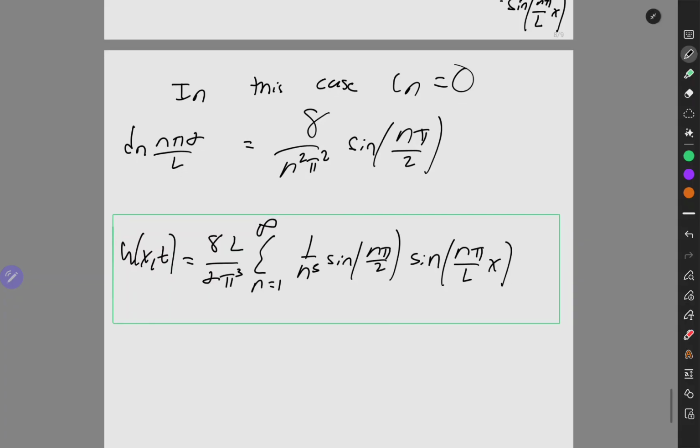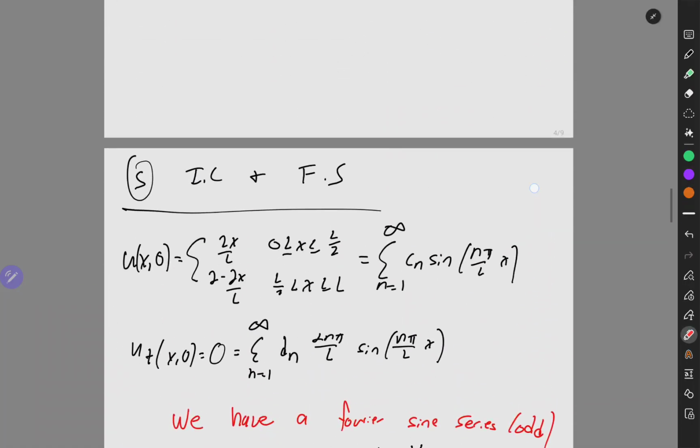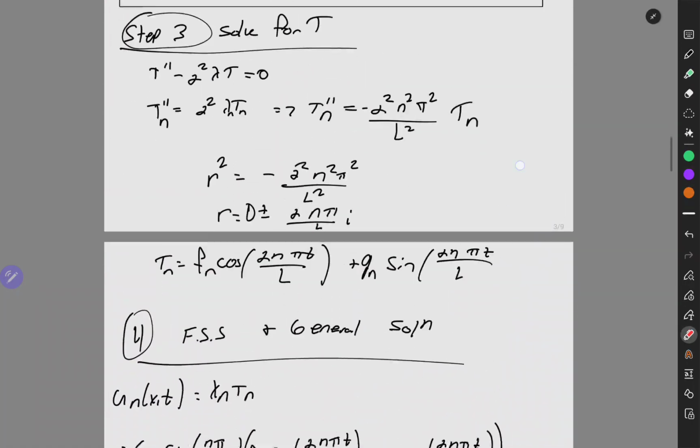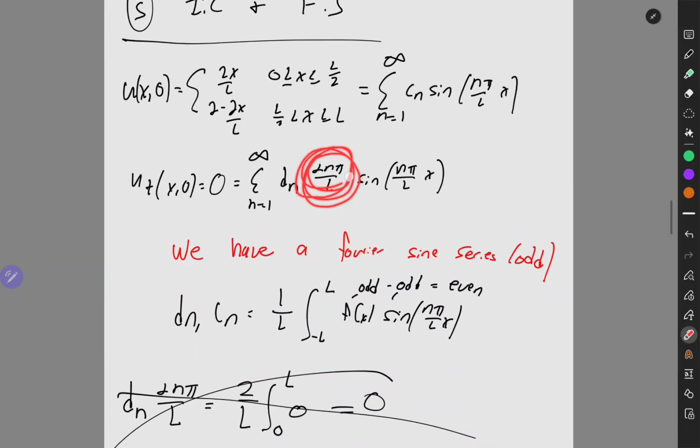So you see, you have to keep in mind this little bit right here next to the d sub n, because going back up to here, over here, we have this extra term in our Fourier series. This has to be multiplied over on the other side with the d sub n.